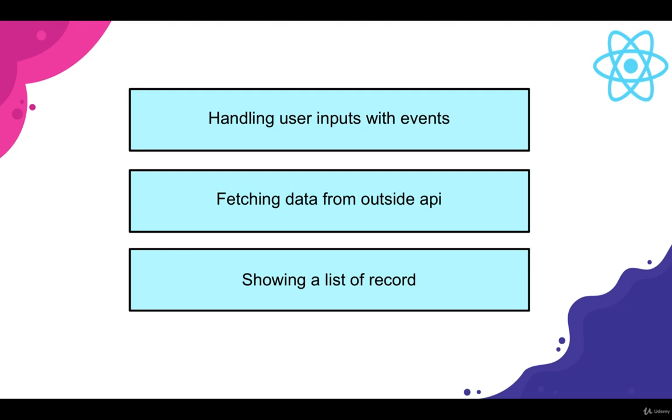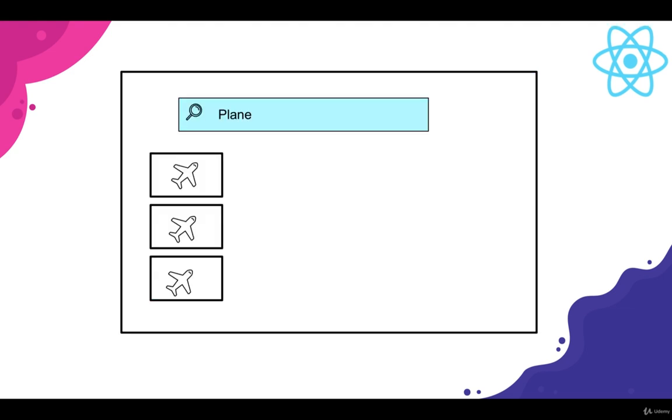So, let's take a look at the mock-up of the application that we're going to build. Essentially, what we want to do is show a text input at the very top center of the screen. A user should then be able to type in some text here like cars or flowers, plants, any term.